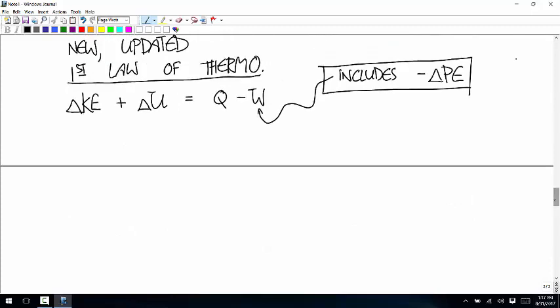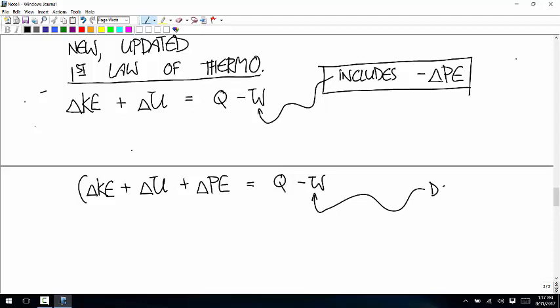Or you could also think of it as the change in kinetic energy plus the change in internal energy plus the change in potential energy is equal to Q minus W, where this W doesn't include the work of conservative forces.